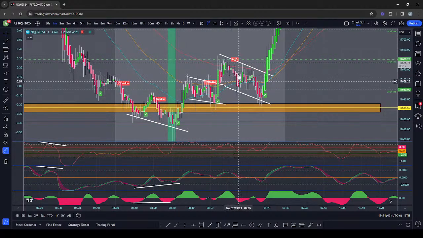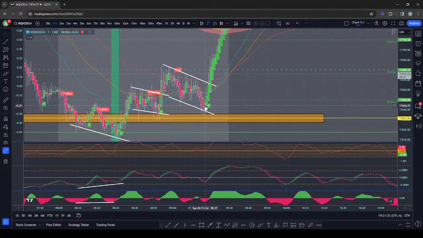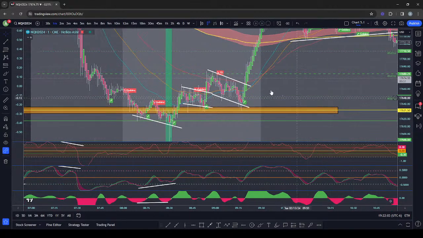And what happened once again? It went into another descending channel over here, which is really cool because these break out to the top. That's the probability of these patterns, that they will break up to the top end right here.